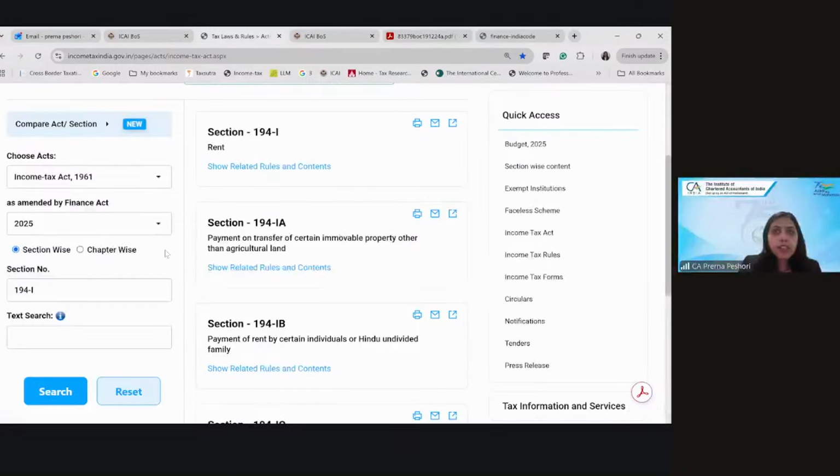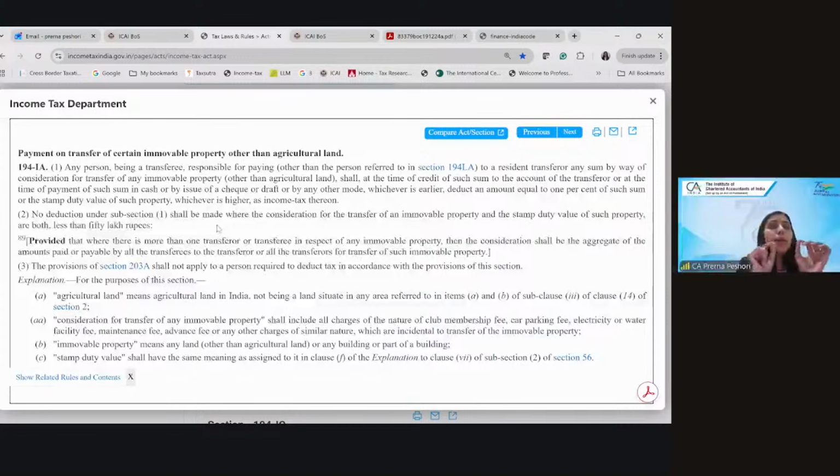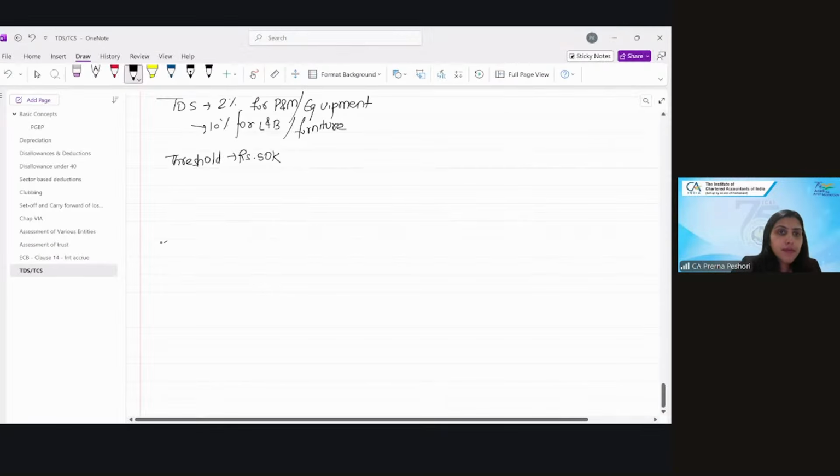Next one is 194IA. Payment on transfer of immovable property other than agricultural land. It says any person being a transferee. So who is my deductor? TDS on transfer of immovable property.